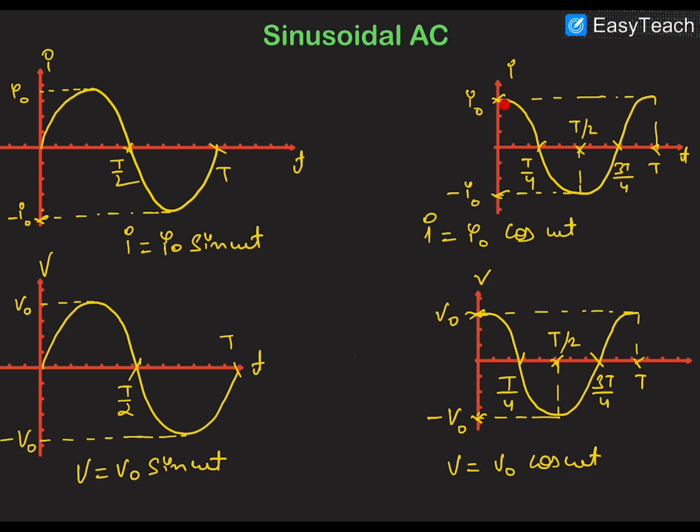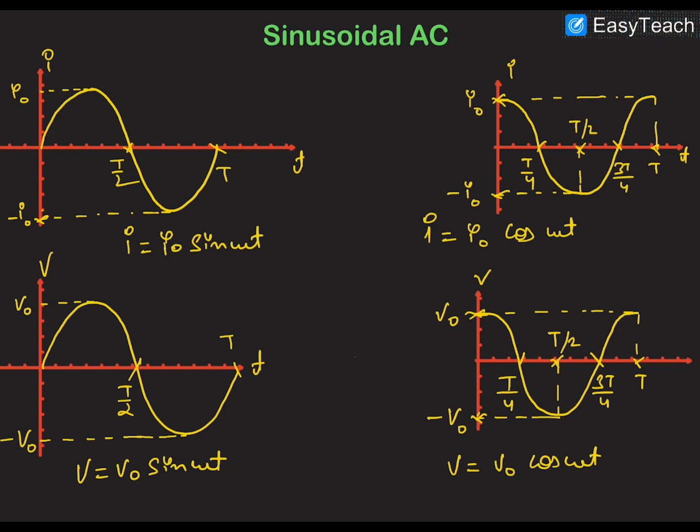And this is a function of cos, the current, so I is equal to I naught cos omega t. This is a sine function and it is voltage, so V will be equal to V naught sine omega t. And this is the cos function voltage, so V is equal to V naught cos omega t.